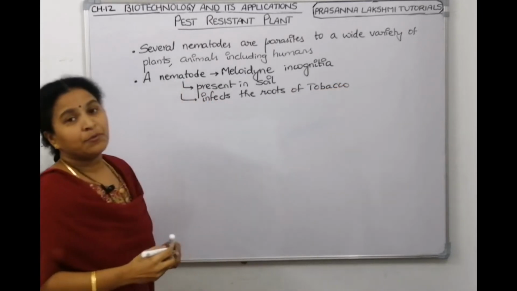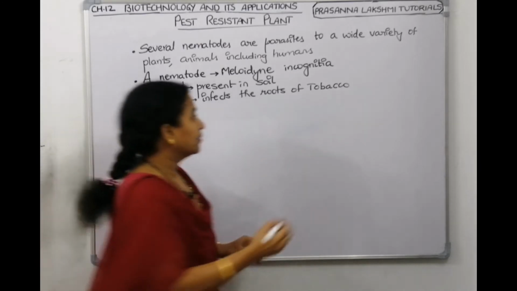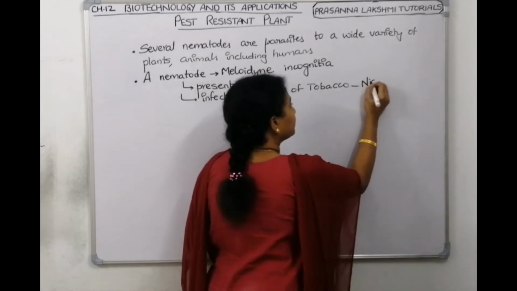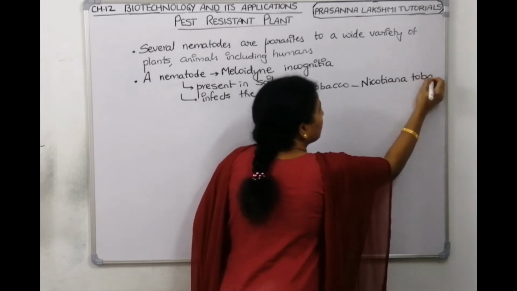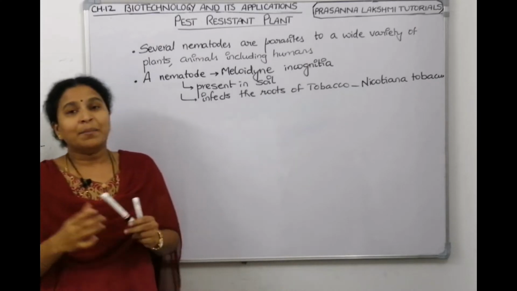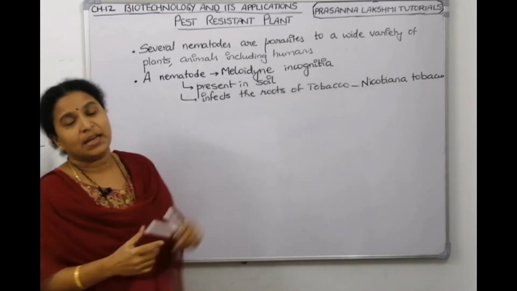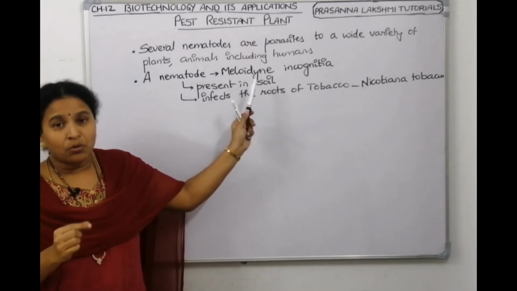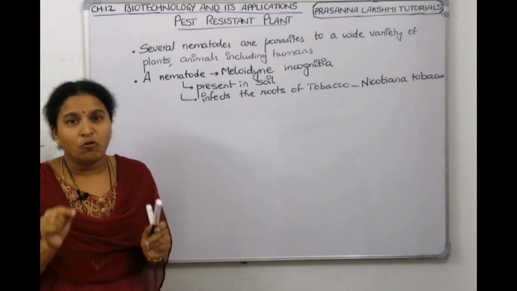What is the scientific name of tobacco? Nicotiana tabacum is the scientific name of tobacco. Nematode is a common name. Its scientific name is Meloidogyne incognita.